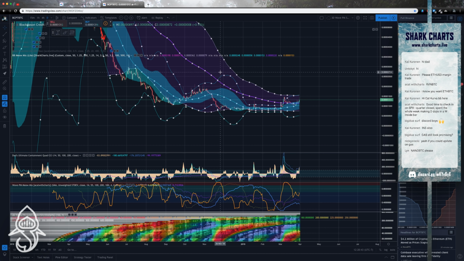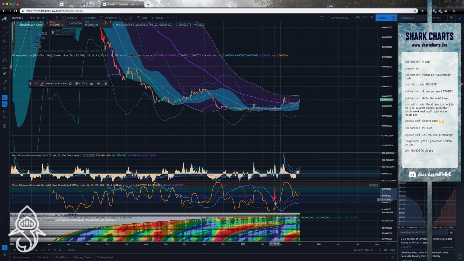But we had a wave PM cross a long time ago, which happened all the way over here, and the CCI was weighted to the upside. So I've just been holding since all the way back there. And I actually held through this like 2-week downtrend as well. All that through there. You can call me crazy, but we're retesting previous highs. If we have to find sustained expansion, I'm going to stay in the trade.